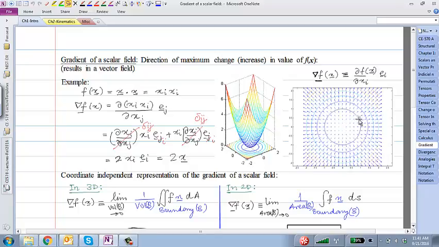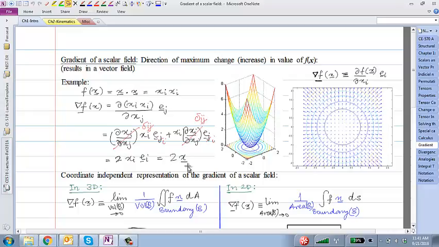You take the derivative, what you get is a bunch of arrows, which is a vector field. That particular vector field is 2x, right? If I take the gradient of that vector field 2x, what would that be?